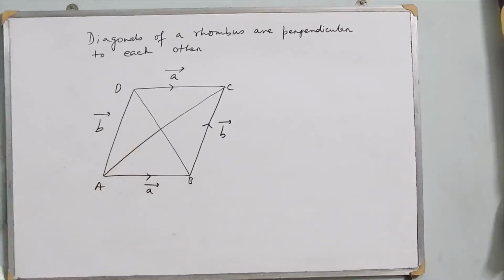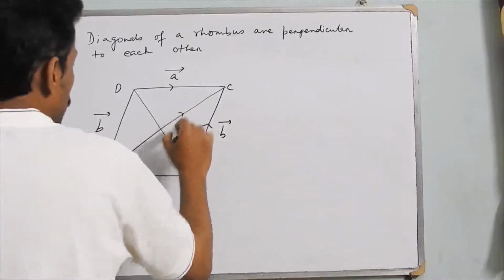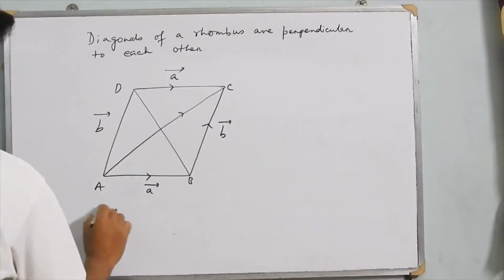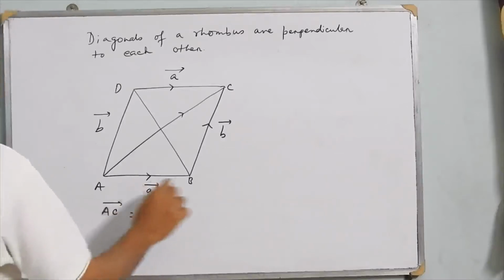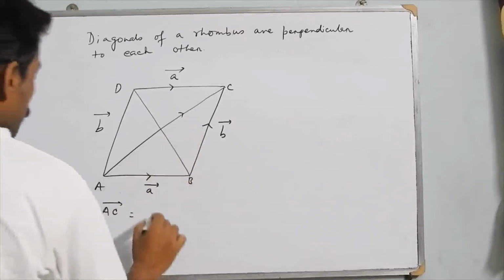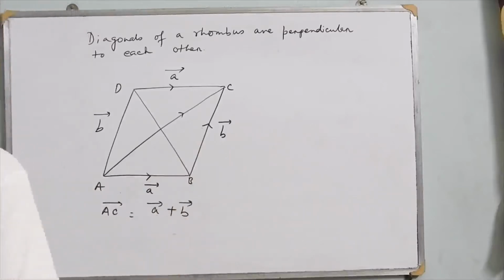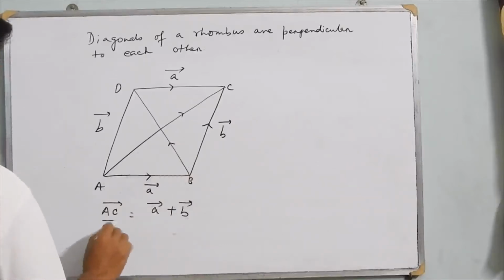Now, let us find AC vector. Using triangle law of vector addition, this AC vector, which is the diagonal, is obviously A vector plus B vector, and BD vector. Now BD vector is another diagonal.